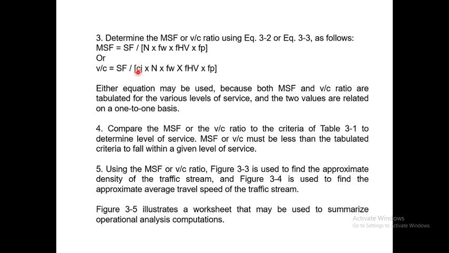Do you remember the Cj? The Cj is the ideal capacity. We had only two values for Cj: 2000 and 1900. Cj only depends on the speed. So when the problem says, for example, the speed is 70, Cj is 2000. The n is the number of lanes, and these three factors. So easily you can find the V over C.